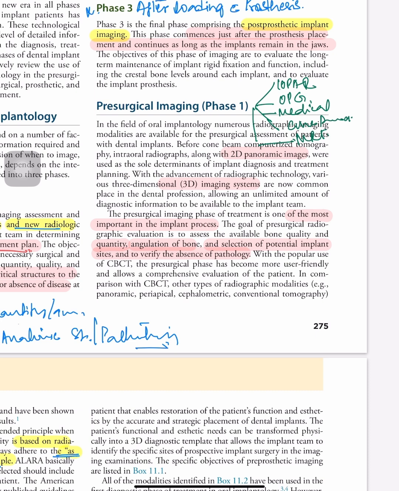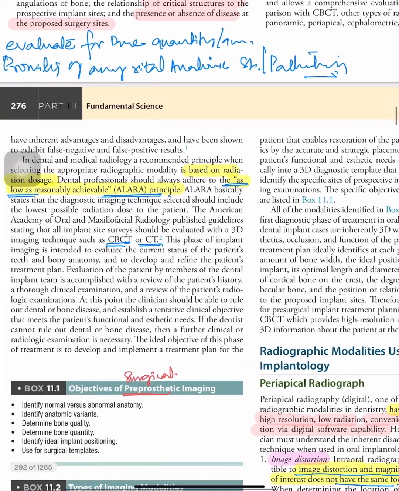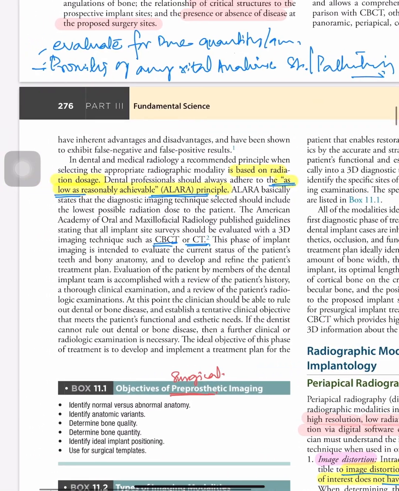So part 1 of this video is basically limited to this part only. When we talk about pre-surgical imaging, the basic principle we have to stick to is the ALARA principle, as low as reasonably achievable. So whatever modality you use, the primary goal should be sticking to the ALARA principle.